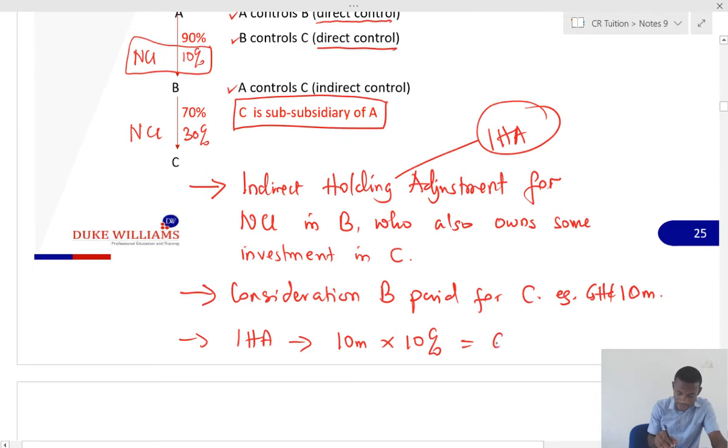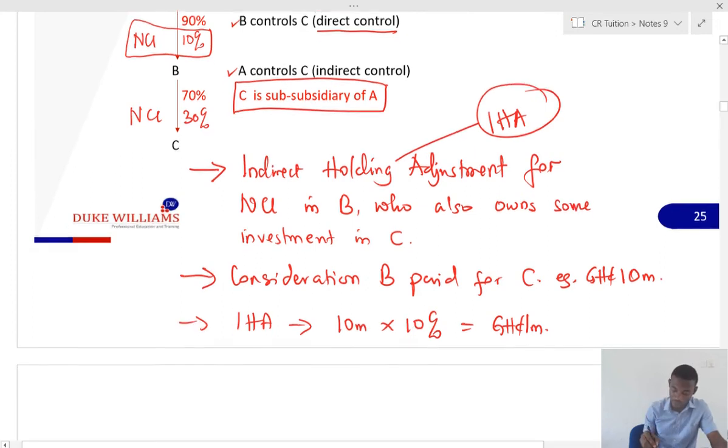So the NCI owns that much of the investment in C. So the NCI indirectly owns 1 million of the investment in C, and that is an adjustment that we need to calculate. And this adjustment, we use it for calculating goodwill.